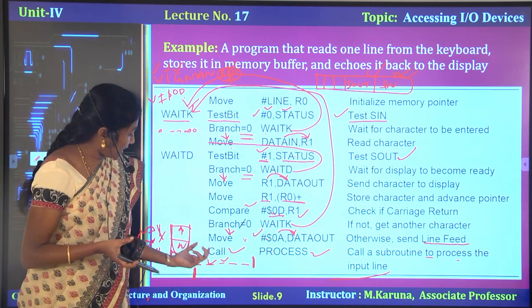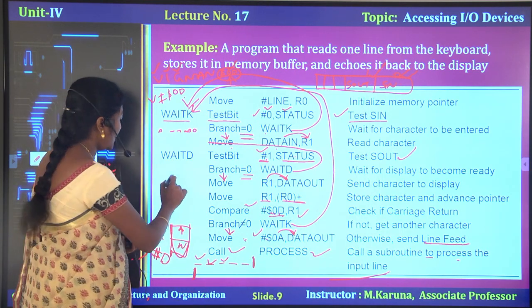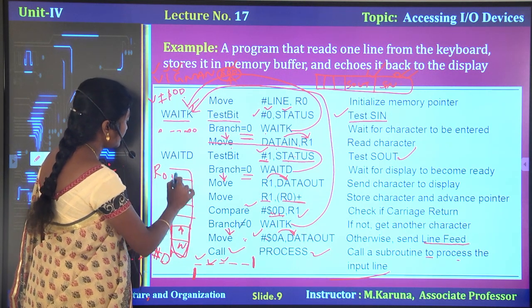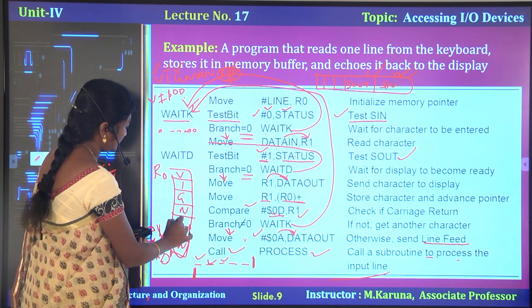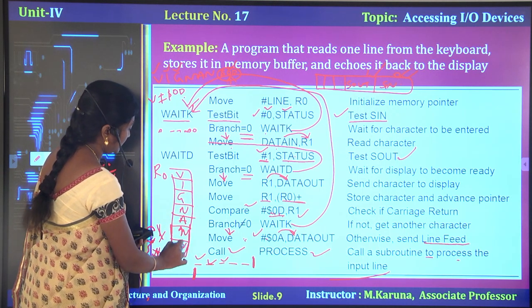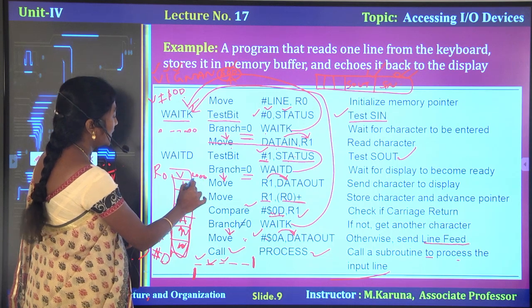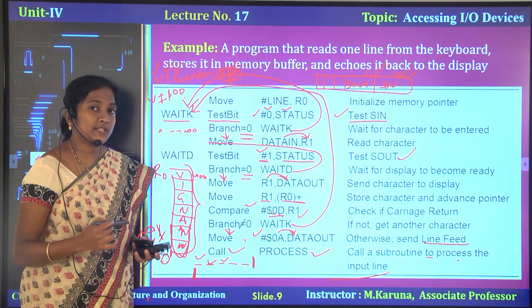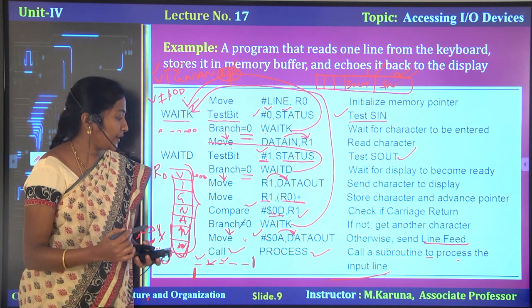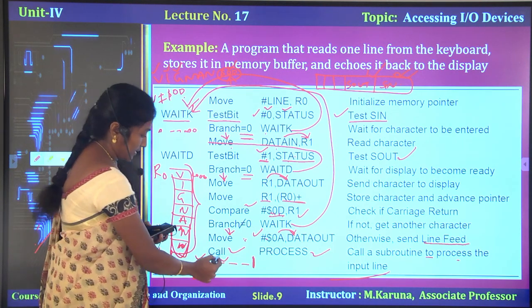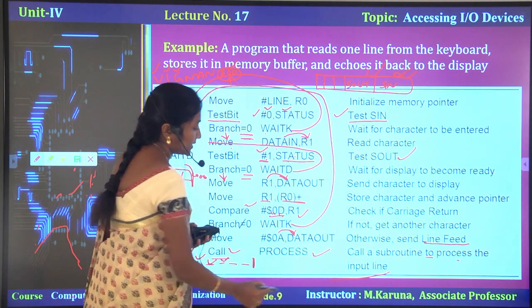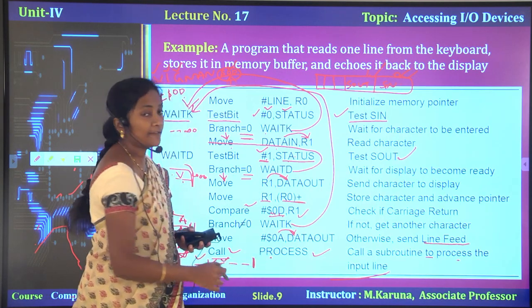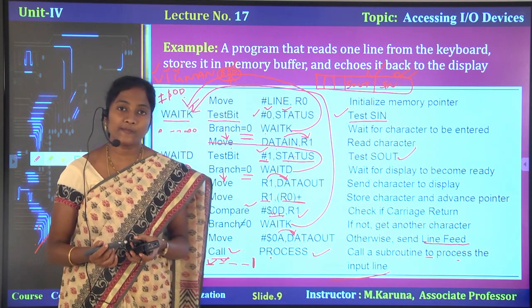Then whatever elements are present in the memory location pointed to by R0, 2000, now all elements are stored in successive memory locations. Those are to be displayed on the display device. For that, the call process instruction is used. Then the processor jumps to the specified location for printing the line of characters on the display device.